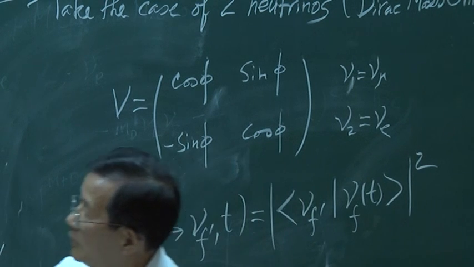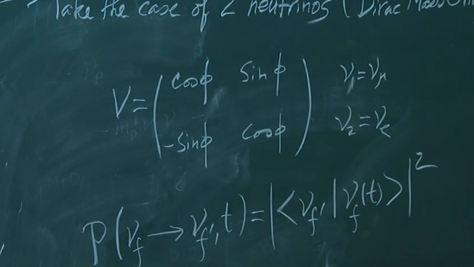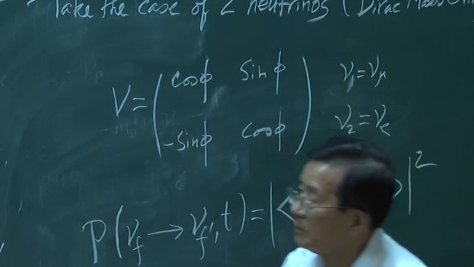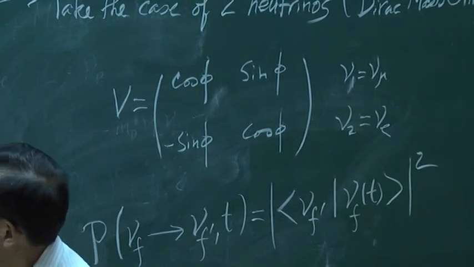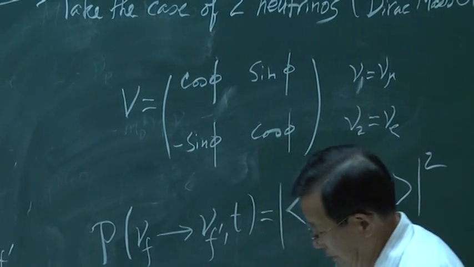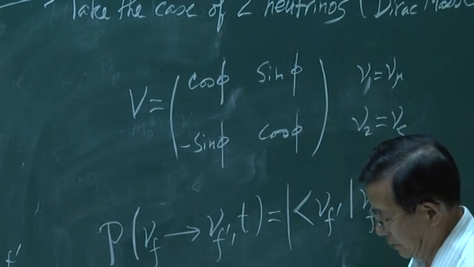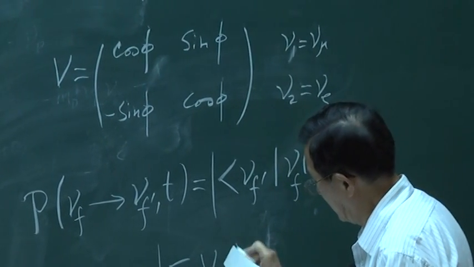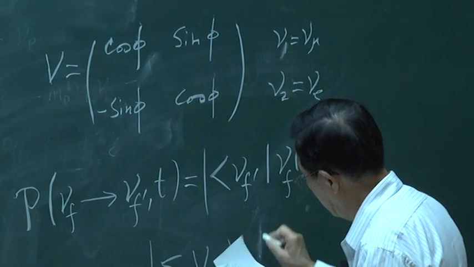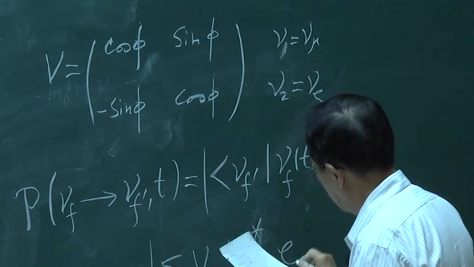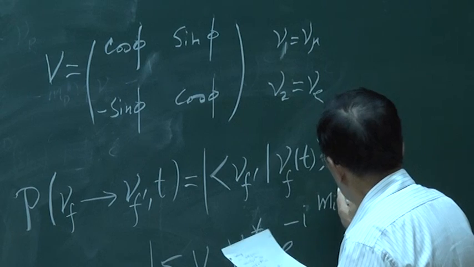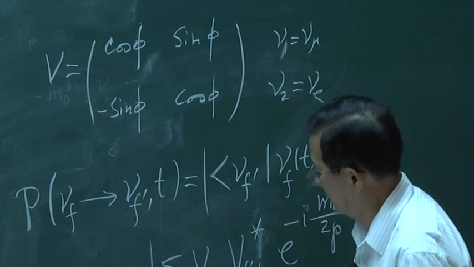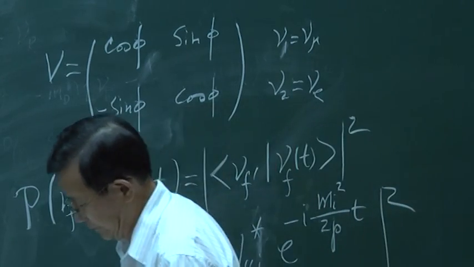I give you this expression, right? So I take the scalar product of this with nu f prime, and then you just pick up this coefficient squared. So this would be equal to the sum over I of V f I, V f prime I complex conjugate, and then e to the minus i m_i squared divided by 2P times t, squared. Okay?